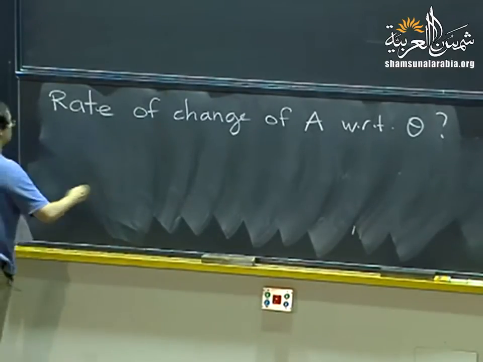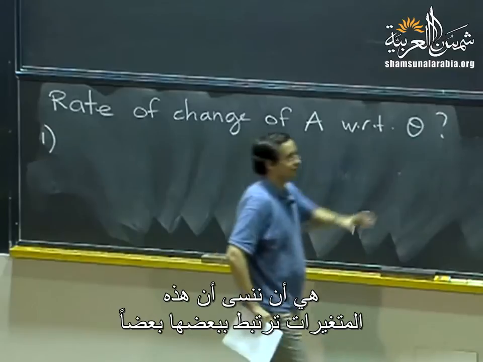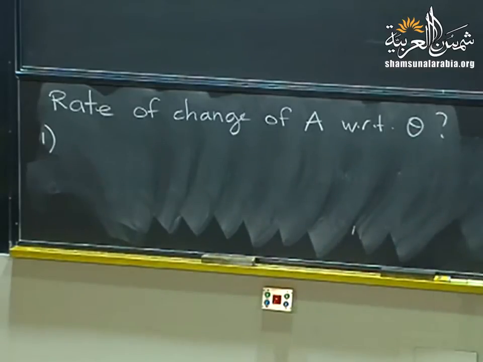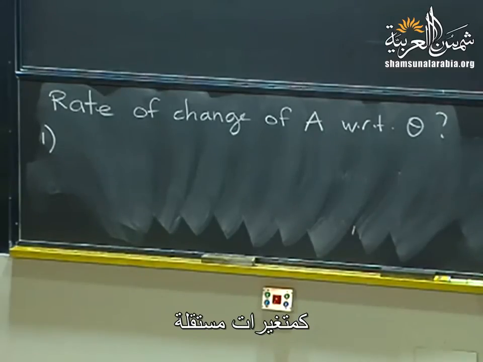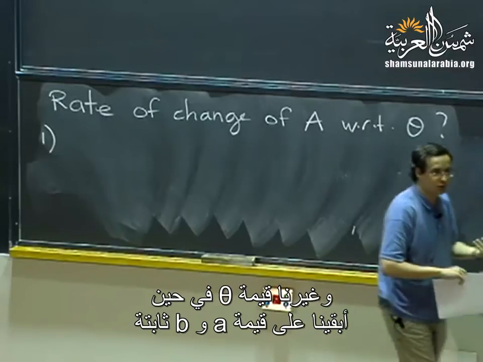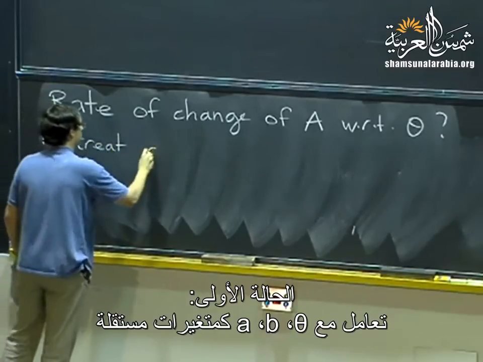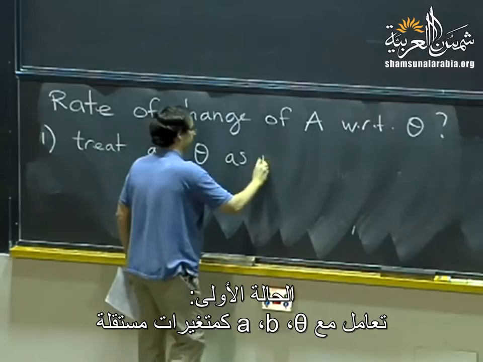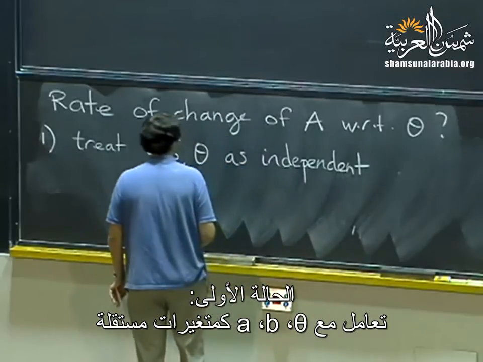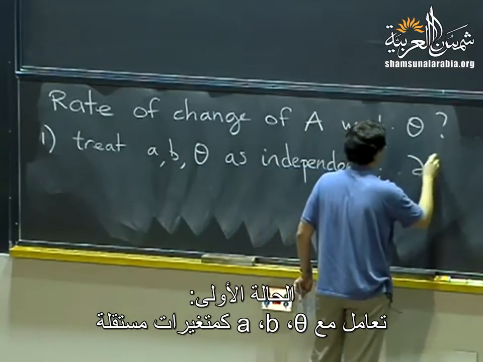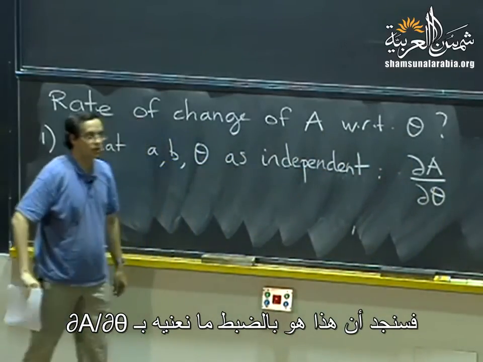The first way, which we already know about, is if we just forget about the fact that the variables are related. If we just think of little a, b, and theta as independent variables, and we just change theta, keeping a and b constant, that's exactly what we meant by partial A, partial theta.